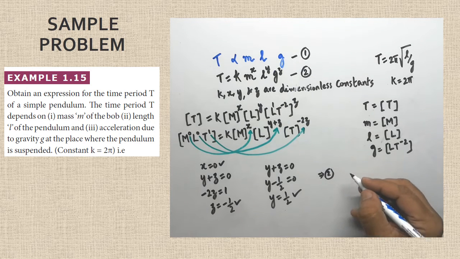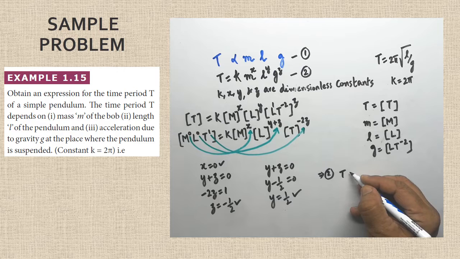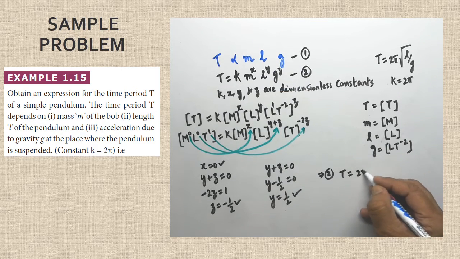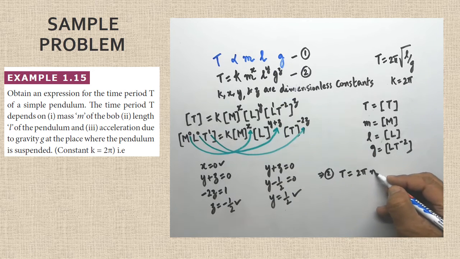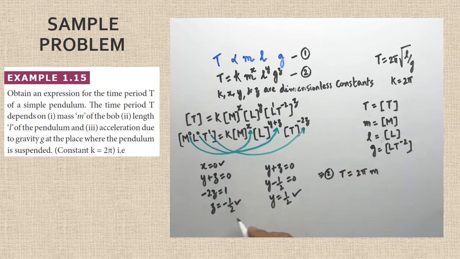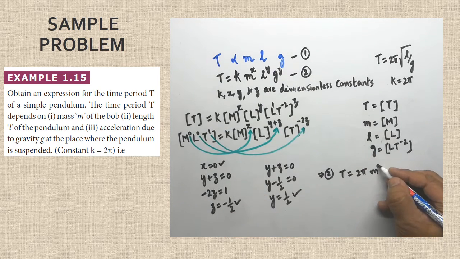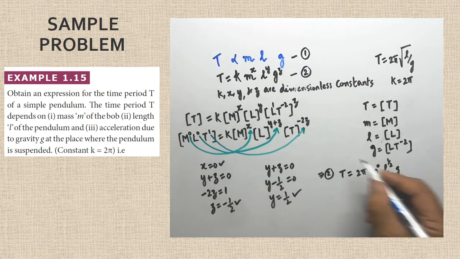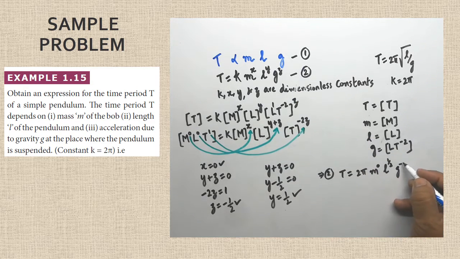How will you substitute? Let's see that T is equal to, instead of k now you can substitute 2 pi. Substitute here M power of, instead of x, what is the value of x? 0. And then L power of y. Power is half. And g power of z. Z value is minus half.